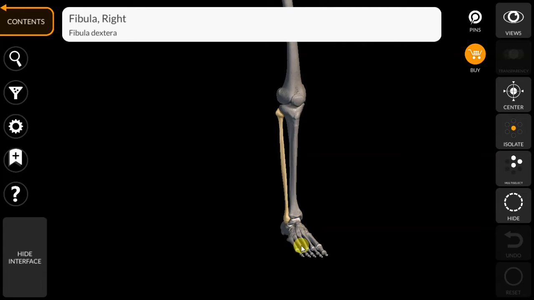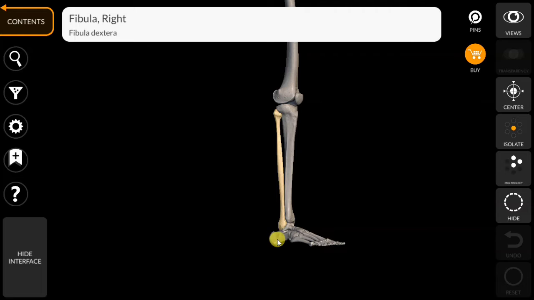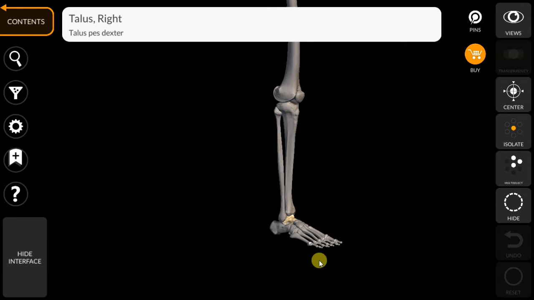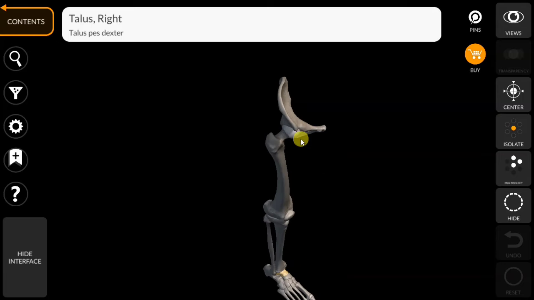In the foot region we have the talus, tarsal bones, metatarsal bones, and phalanges. Now these are the bones of the lower limb.